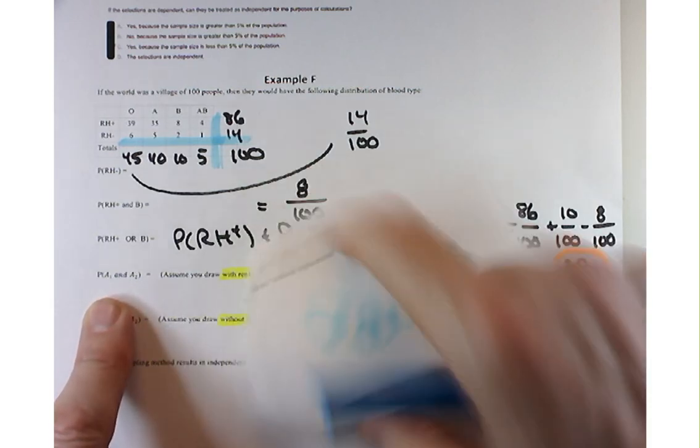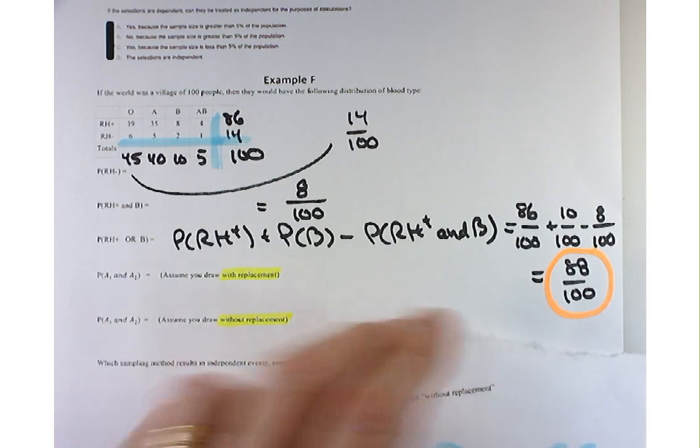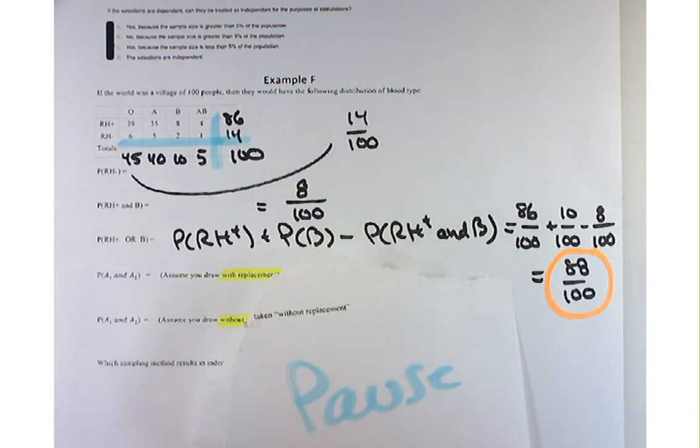The first calculation I want done with replacement, second one without replacement. So you put that person back, you shuffle them, so you still have 100 people.